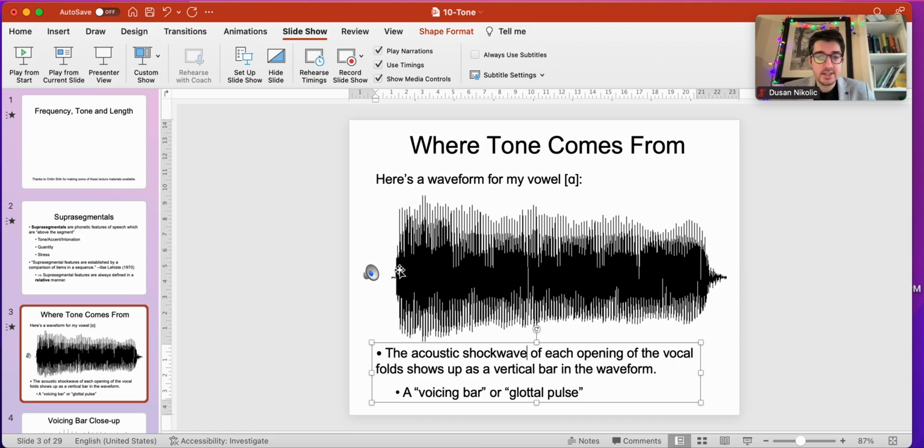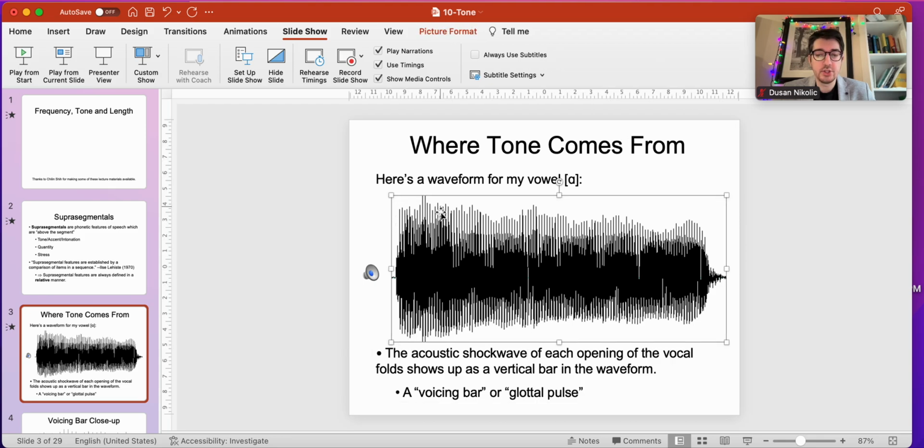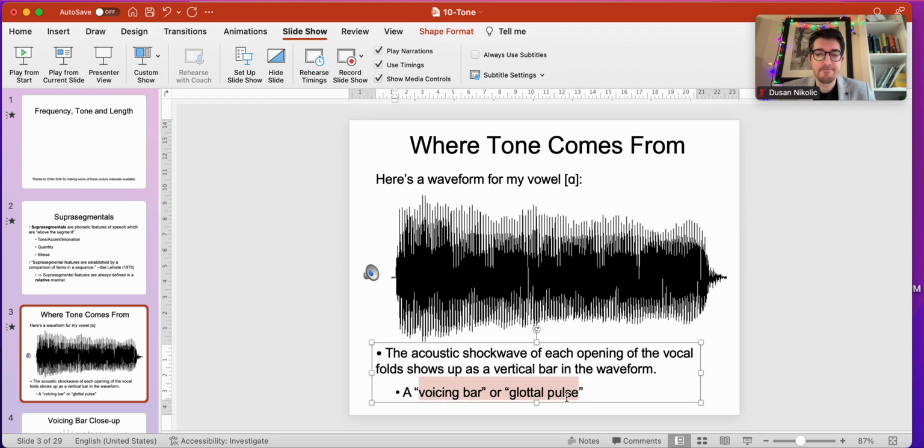So one vertical bar, another vertical bar, and so on. So many vertical bars here. These are called a voicing bar, or glottal pulse. Call them whichever way you want, but these are the two most common ways.